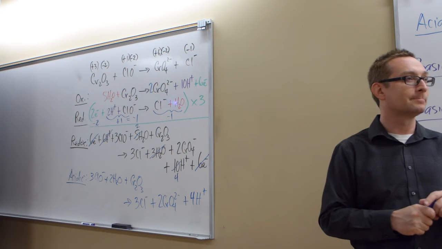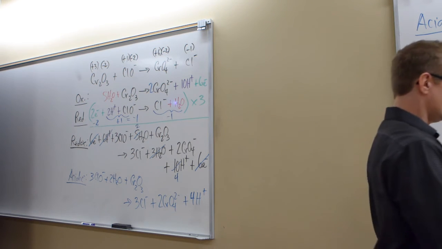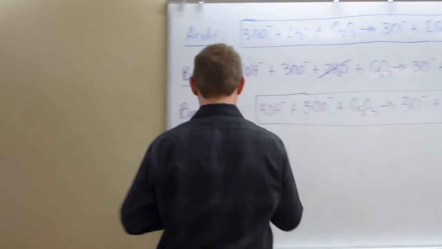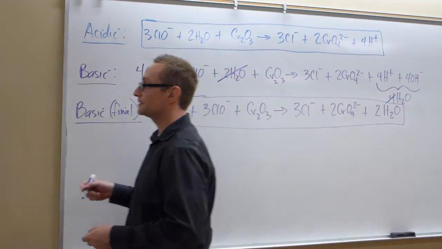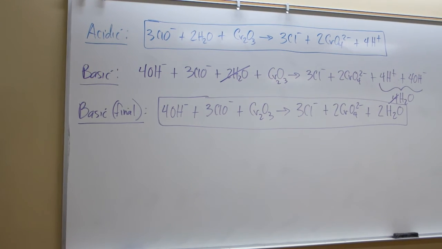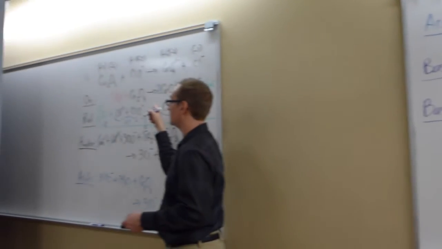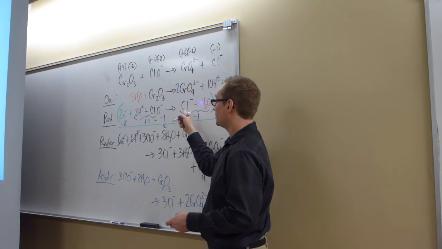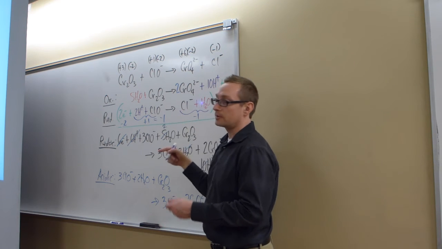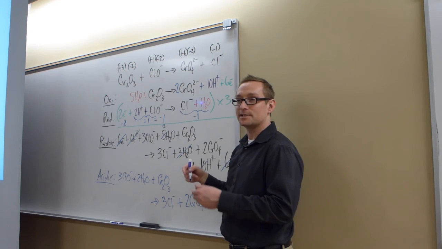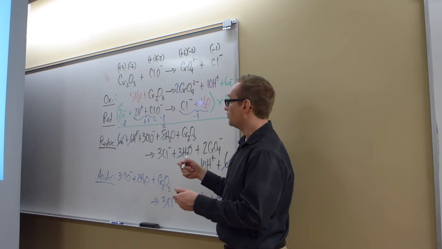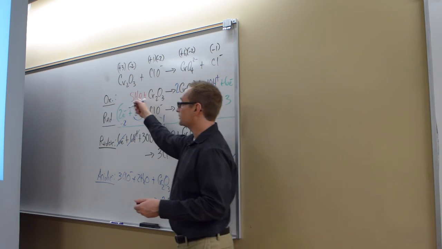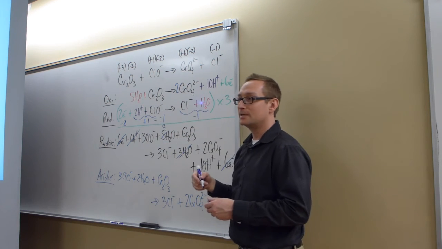Can you go over the MOHIO thing really quick one more time? The breakdown of it. Right. So it was balance miscellaneous atoms first. So we balanced the chromium first on this oxidation half reaction. We balanced the chlorine, which was already balanced in the reduction half. So that's the M part. The O part was the addition of the waters to balance out the oxygens.